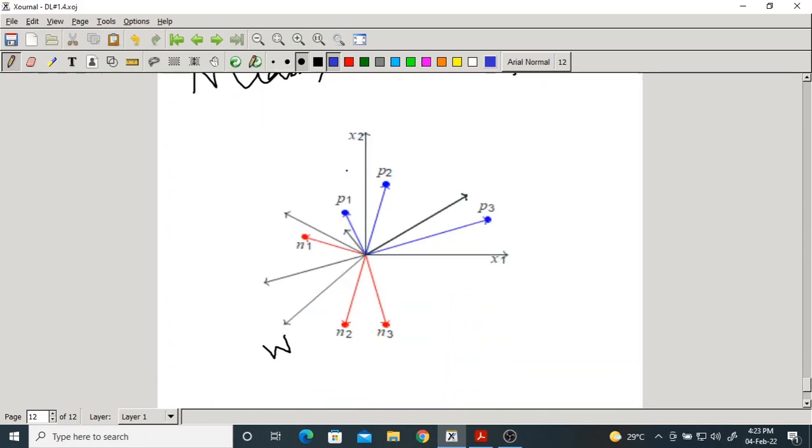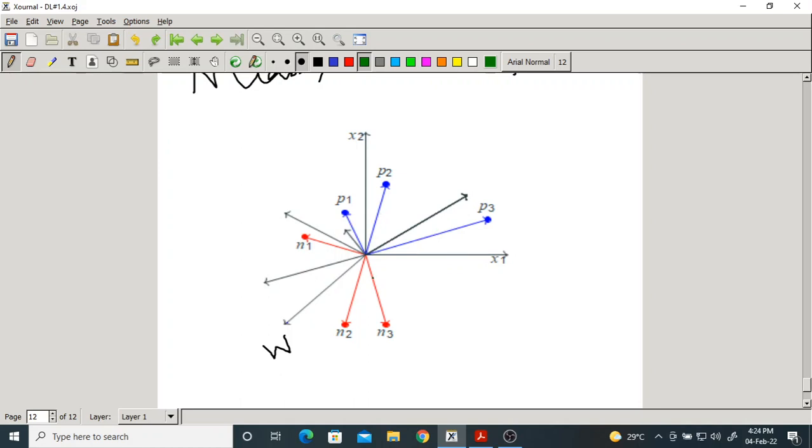Suppose W is here. Just from the figure, visually you can say that it is exactly the opposite of what we wish. What angle is it making with N1 to N3? Less than 90. P1 to P3?